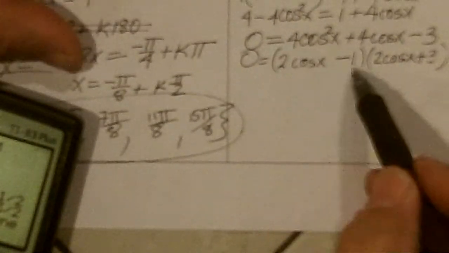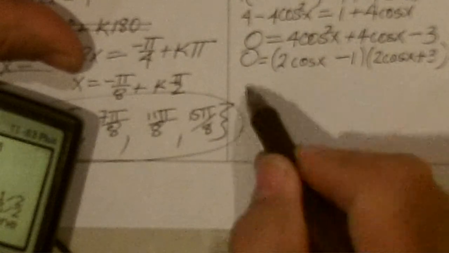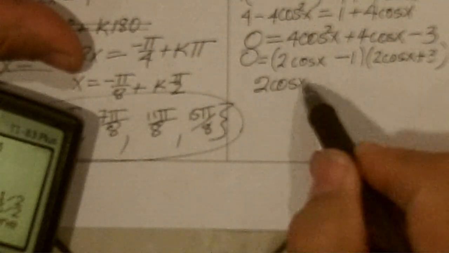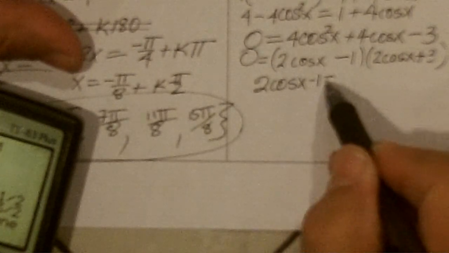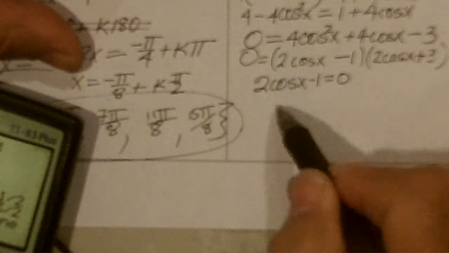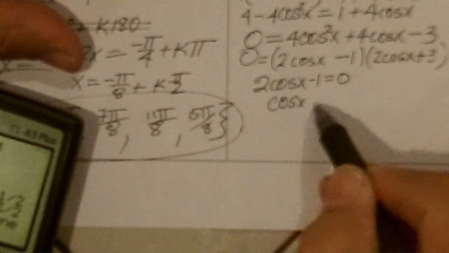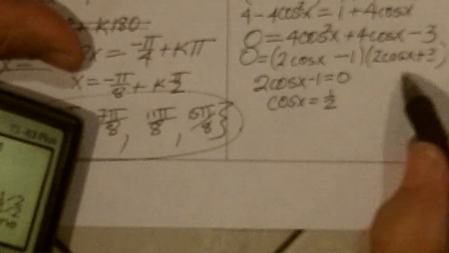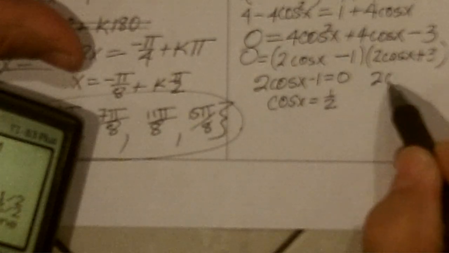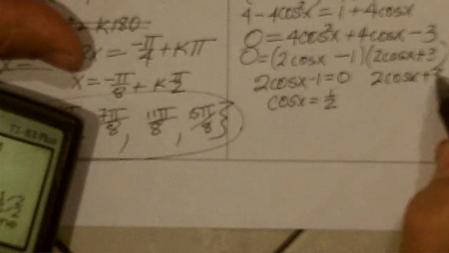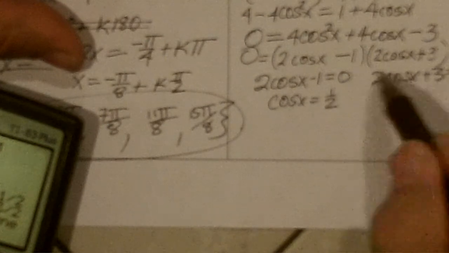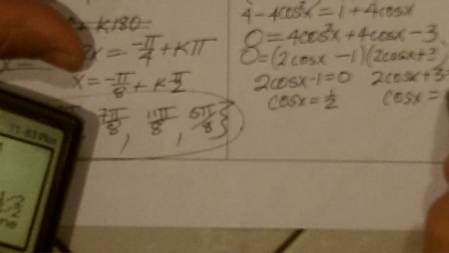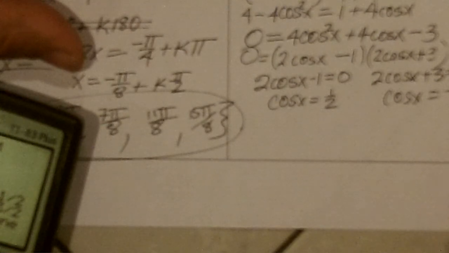And so from this, setting that equal to 0, I get 2 cosine x minus 1 equals 0, add 1, divide by 2, cosine x equals 1/2. Over here, setting that equal to 0, subtract 3, divide by 2, and I get cosine x equals negative 3/2.